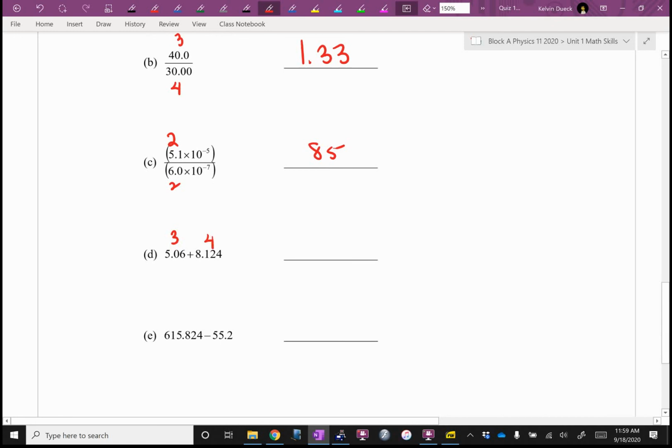3 sig figs, 4 sig figs. What's my mistake? For adding and subtracting has nothing to do with sig figs. What is it instead, George? 2 decimal places, 3 decimal.